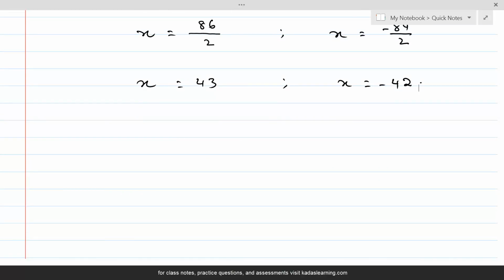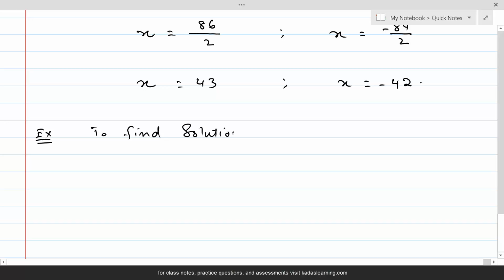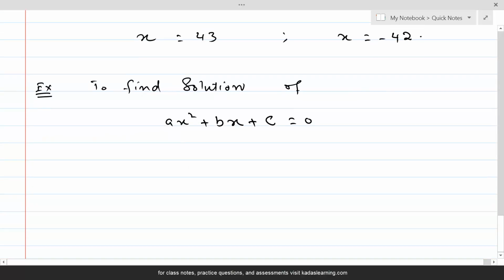Let's derive a formula by completing the square on the general equation. So example number 3, to find the solution of ax square plus bx plus c equal to 0, which is a general form, we first have to divide the entire equation by a.